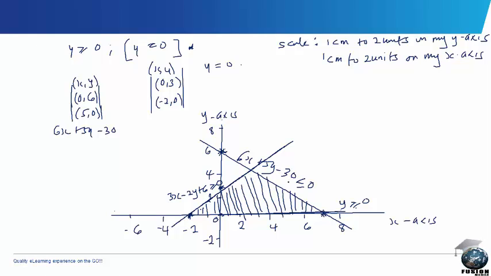Then 6x plus 5y minus 30 is less than or equal to 0, and it's inside this area too. And 3x minus 2y plus 6 is greater than or equal to 0, it's inside this area too. So this area represents the given inequality.